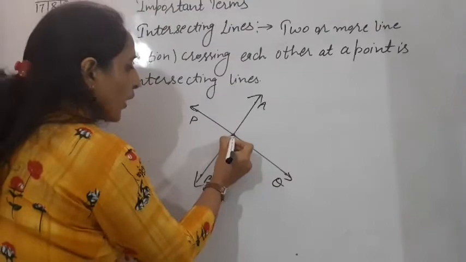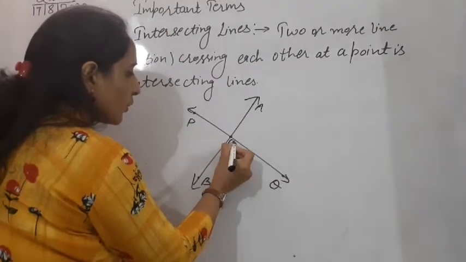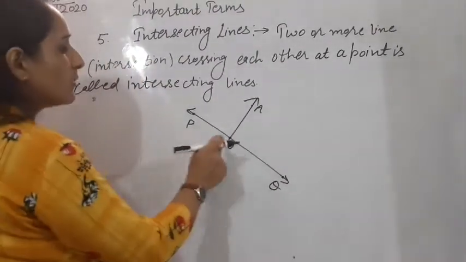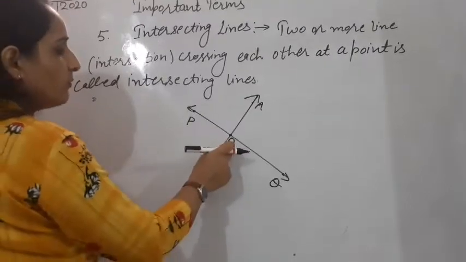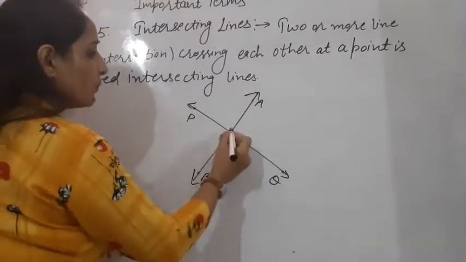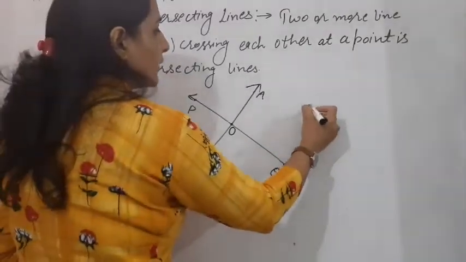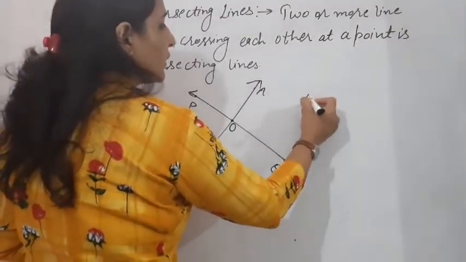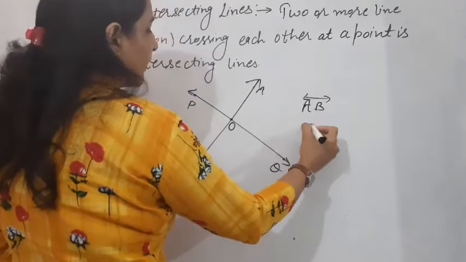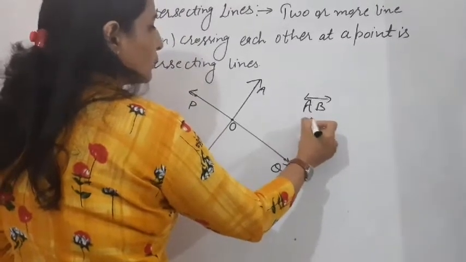Here the point where they are crossing each other, for example, we are giving the name O. So here the first line is AB, and the second is PQ.